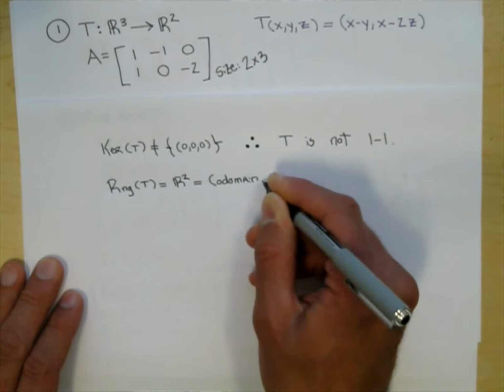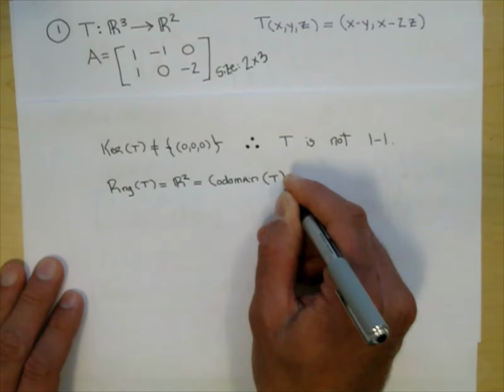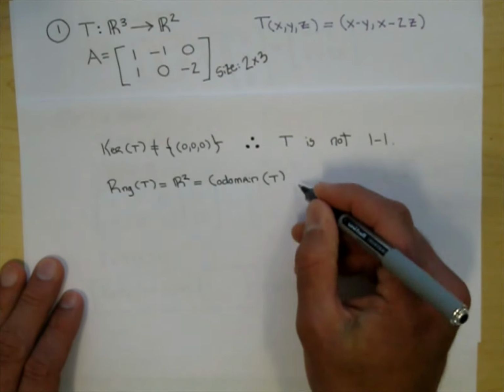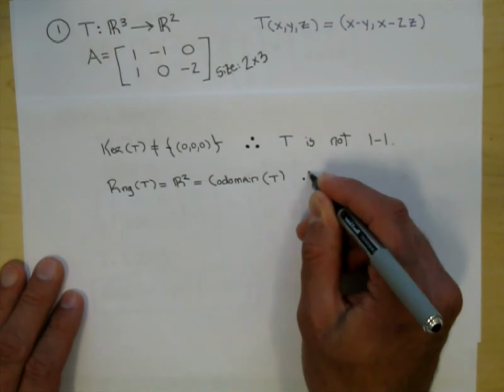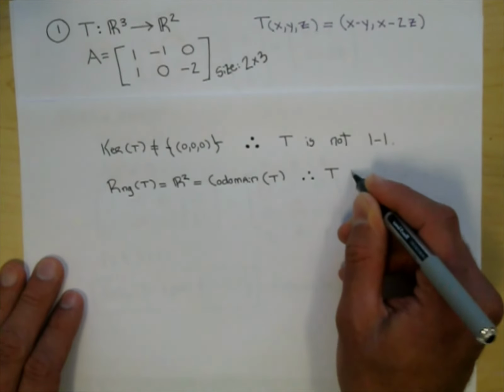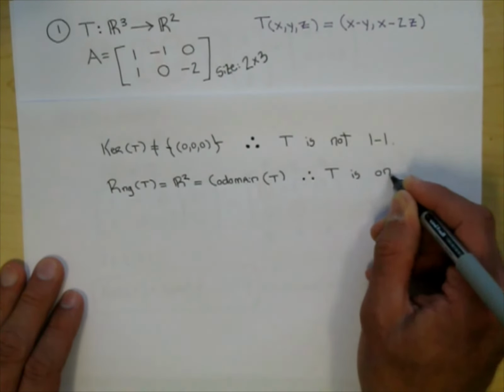And we could say of T if you'd like. Those guys are equal. Therefore, T is onto.